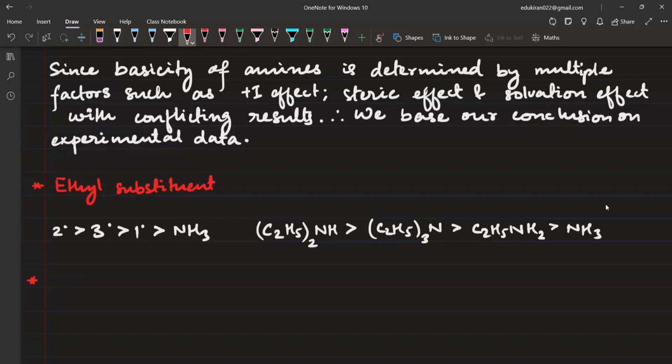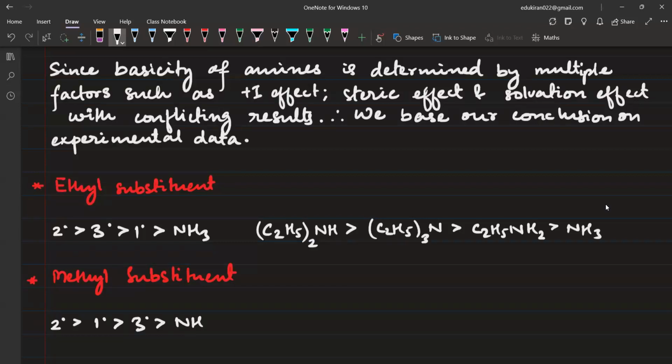we have the methyl substituent after ethyl. Okay, in methyl substituent also 2 degree is the most basic, followed by 1 degree and then 3 degree and then ammonia.